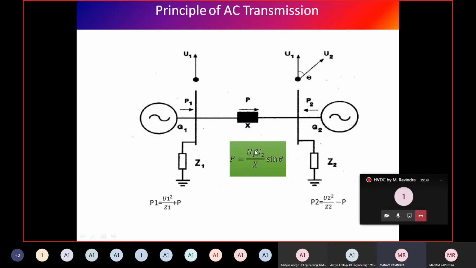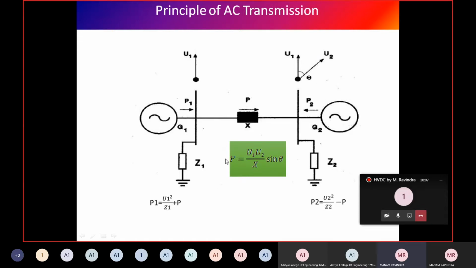U1 is the voltage generated at G1, the sending end voltage, and U2 is the receiving end voltage, X is the reactance, and theta is the angle between U1 and U2, that is, between the voltage across generator 1 and the voltage across generator 2. That angle is considered as theta.